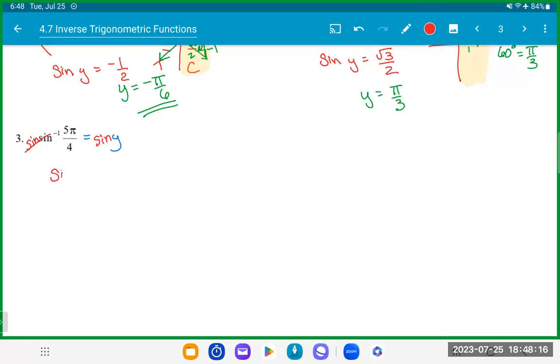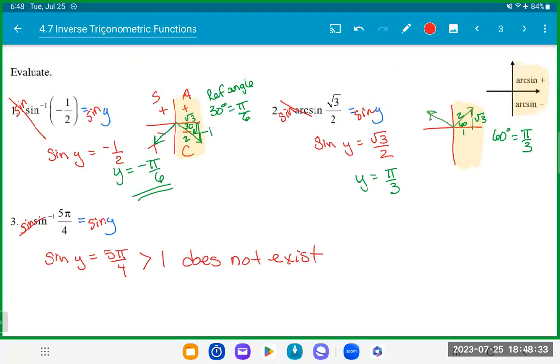And so that leaves us with the sine of y is equal to 5 pi/4. Well, 5 pi/4 is greater than 1, so it does not exist. Because remember, we still have that restriction where our sine has to be between -1 and +1.